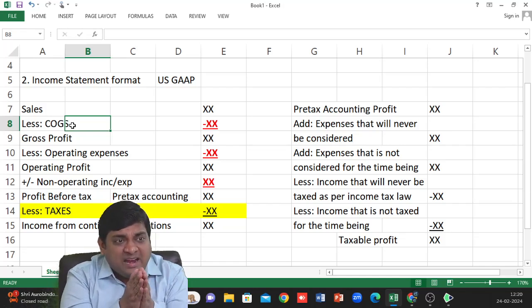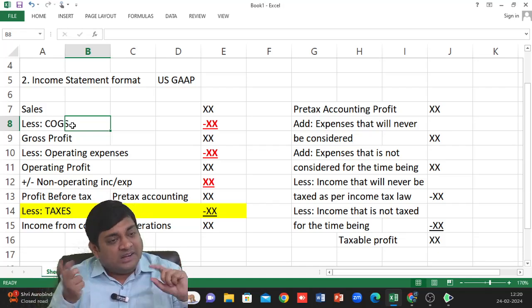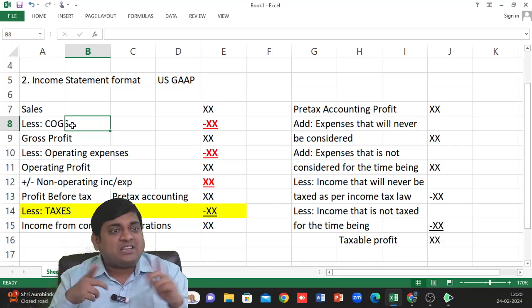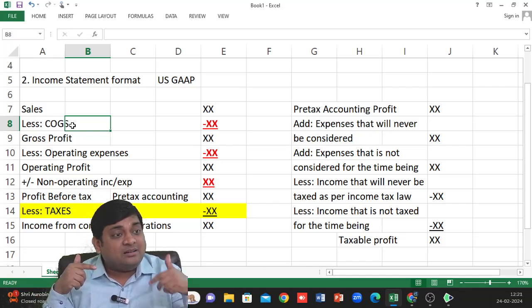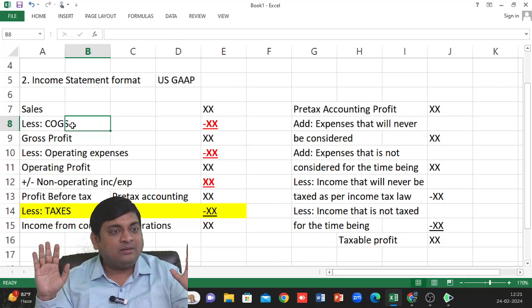But ultimately, if I combine the financial statements of all the years during which the asset was owned, total depreciation will remain the same. It means due to some items, it is coming in both the books, but the amounts can be different. So that is again a temporary difference, not a permanent difference. Is it okay? Tell me.